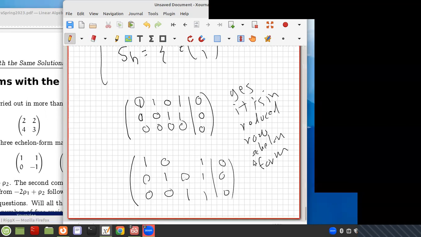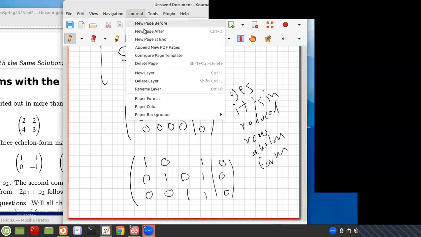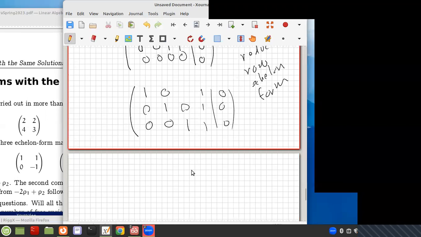Okay, is this one in reduced row echelon form? Okay, 3 people have opinions. Is there a zero in the third column of the first row? Oh, yeah, there's a zero there. I could put a one in here to make it, not even a matrix, right? It's got a missing entry. Okay, so this one is also in reduced row echelon form.